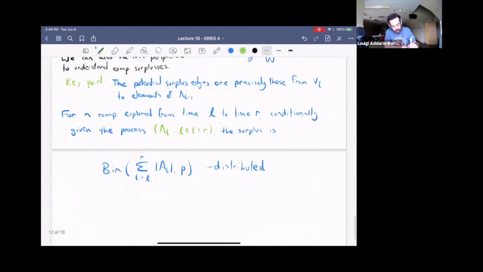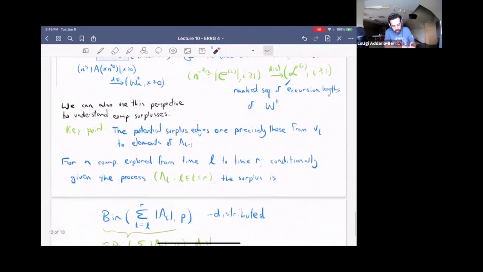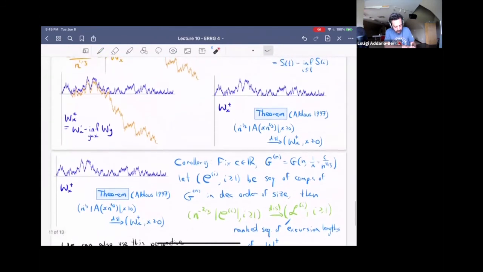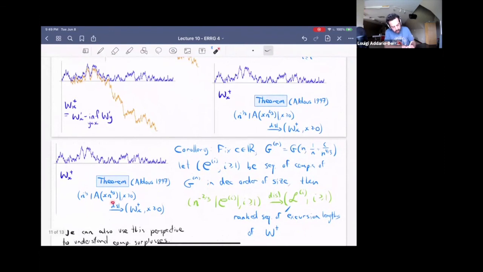Okay, and if we're willing to use the Poisson approximation to the binomial, this is saying that the number of surplus edges is approximately Poisson with parameter the sum of A_t times p. The reason it's nice to use this approximation is because if we remind ourselves of the scaling for this process A, these excursions had lengths of order n to the 2/3 and heights of order n to the 1/3.